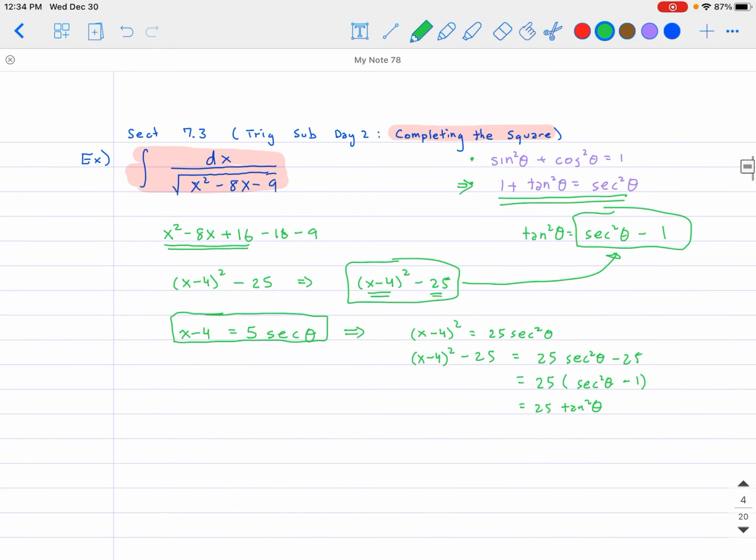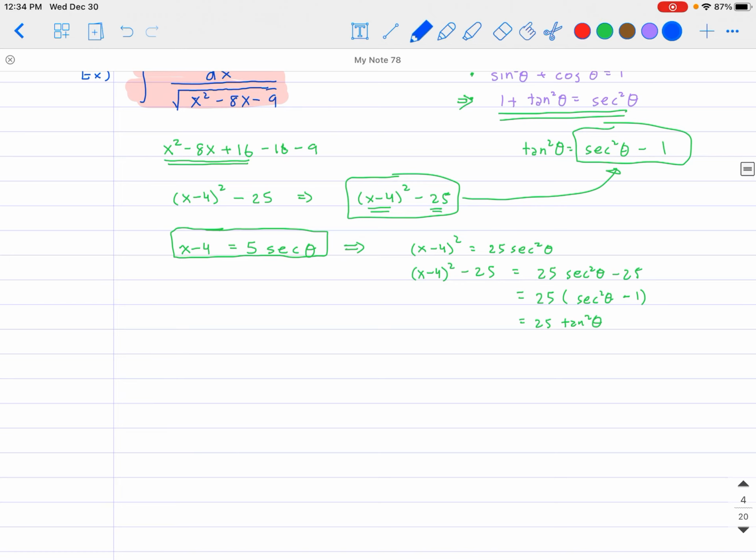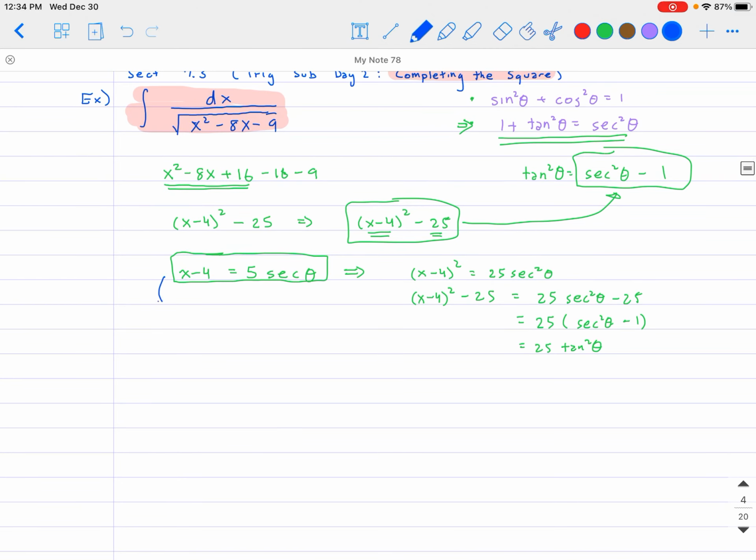All right, it looks like it's good to go. Now that we have our substitution, we take the derivative. So dx is equal to 5 times secant of theta times tangent of theta times d theta.